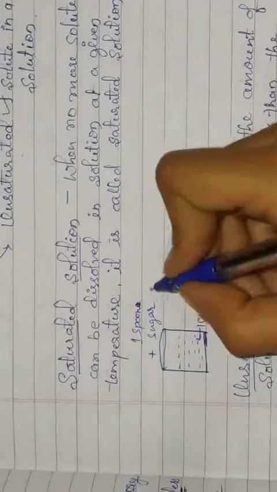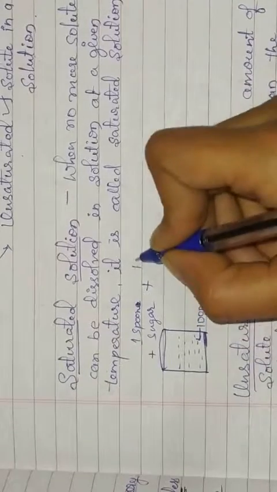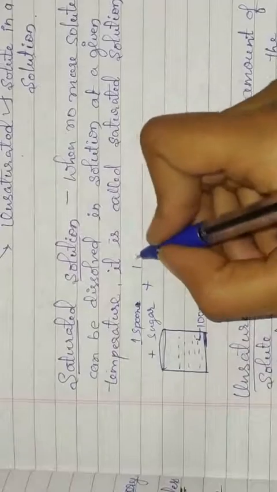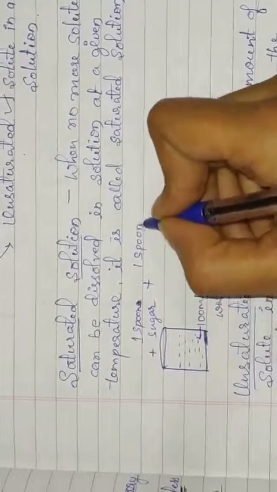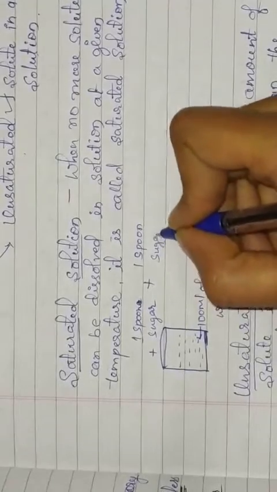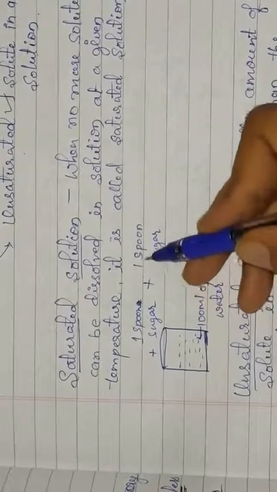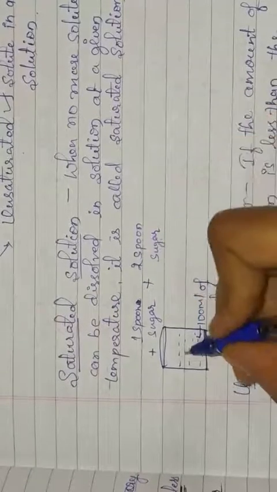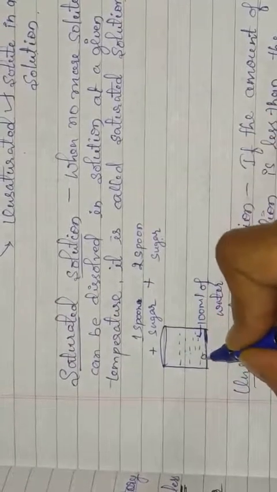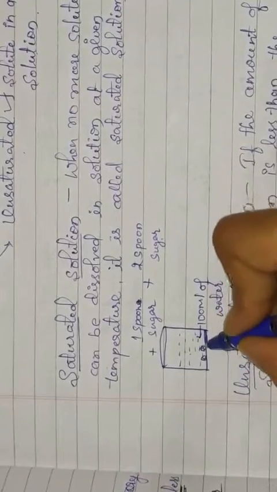Next I will add one more spoon of sugar. When I add the second spoon of sugar, some of this sugar will dissolve and some of the sugar crystals remain undissolved.